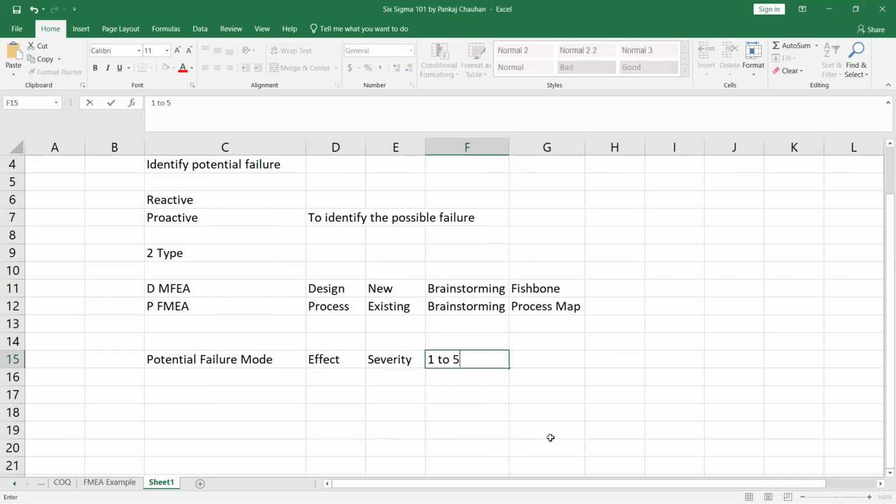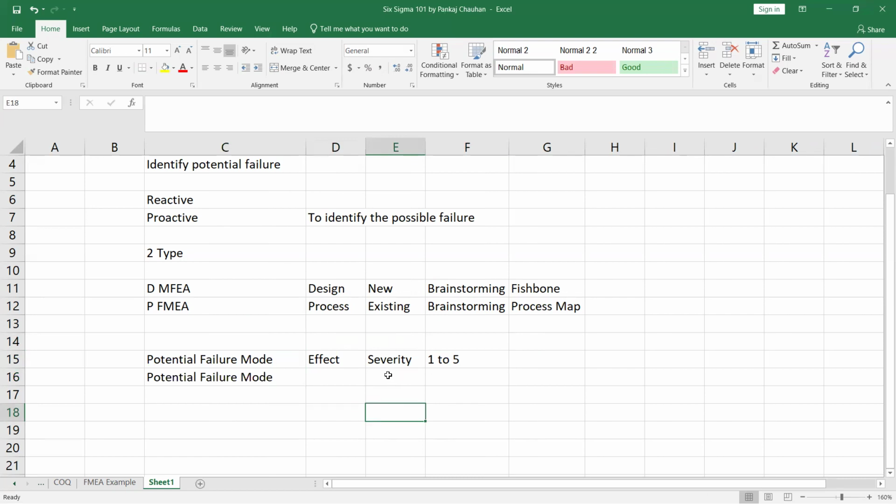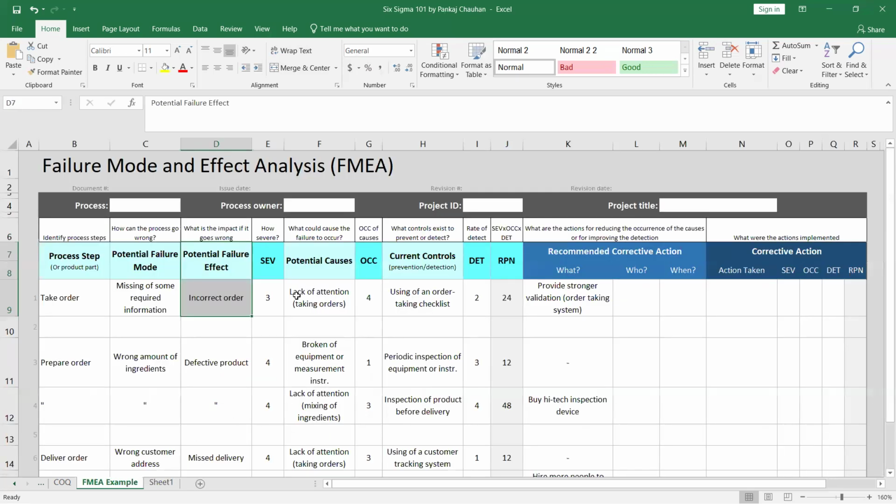Let's say I'm using the scale 1 to 5. After this, we will have the probability of occurrence. Once this effect has happened, this is the output, so this effect will have the severity.